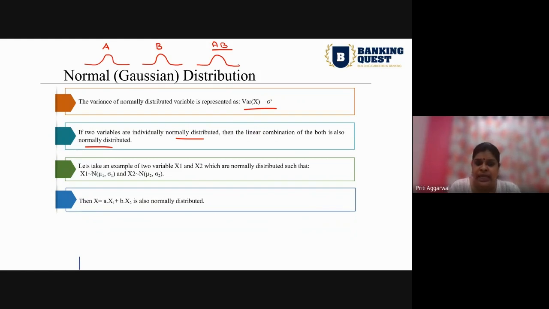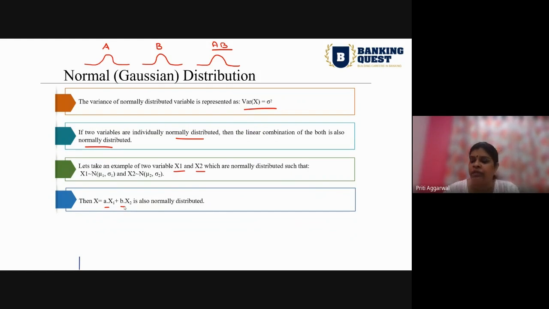Let us take an example of two variables x1 and x2, which are normally distributed. When I say it is normally distributed, that means it has a mu and a variance, right? Then x is equal to a into x1 plus b into x2, where a and b are nothing but the weights of x1 and x2 in your portfolio, right?